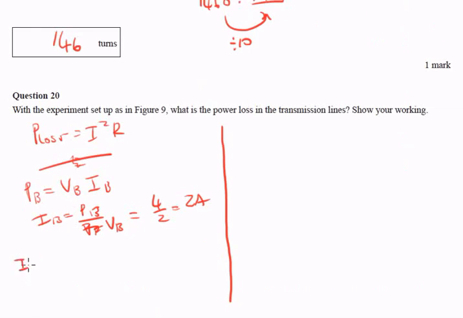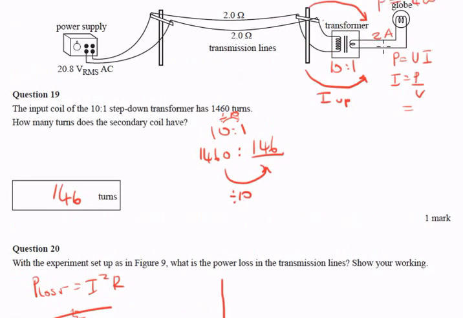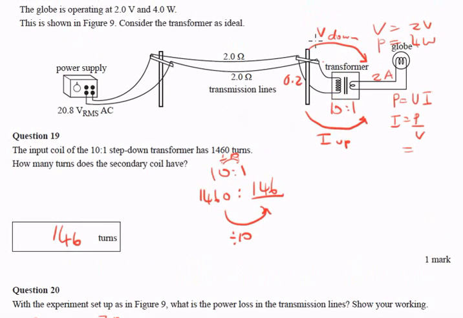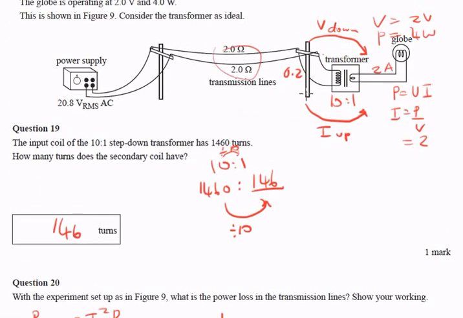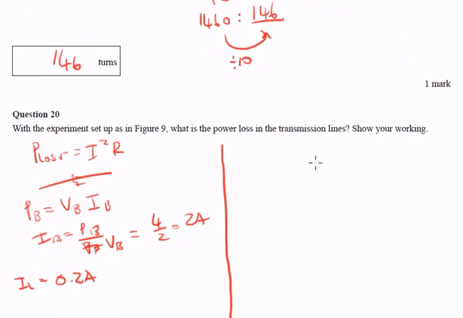So I in the lines equals 0.2 amps. Okay, the current up here must have been 0.2 because it gets stepped up by 10 because the voltage goes down by 10, so the current must have gone up by 10. So to get to 2, which is what we calculated, it must have come from 0.2. And the same resistance as before, 2 lots of 2 ohms.